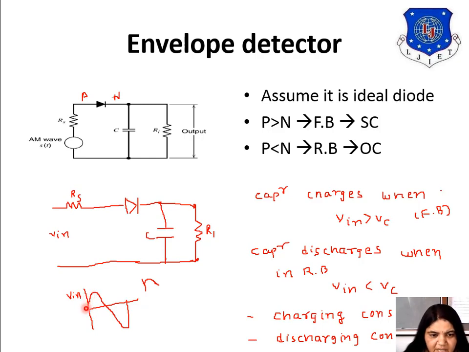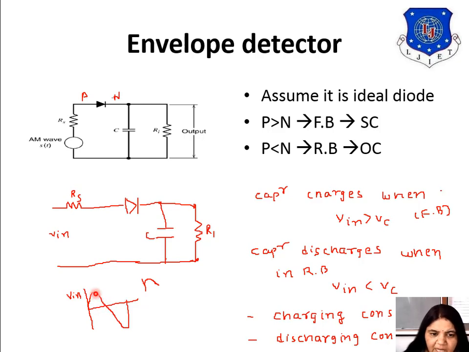Initially when the Vin value is higher, what happens? The capacitor charges, and at that time the diode is forward biased. Now the capacitor discharges only when the Vin value is less. Here you can see that Vin is higher, and from this point the Vin value decreases.